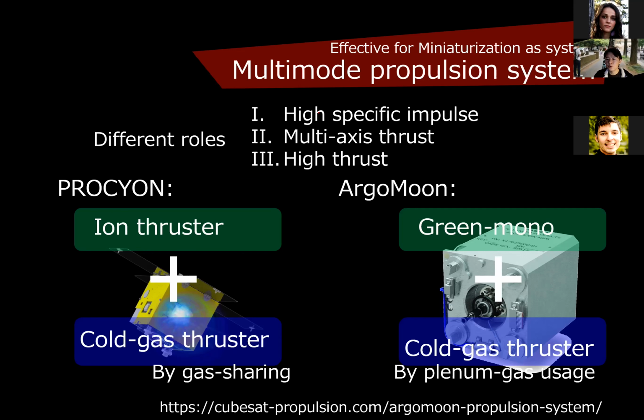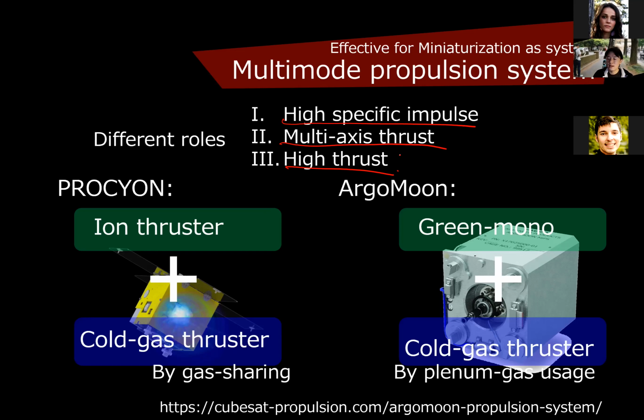Sometimes you need a high specific impulse, sometimes you need multi-axis thrust, like an RCS thruster, while sometimes you need high thrust. To satisfy these requirements, if you installed 3 types of propulsion system, the total volume or mass becomes very big, and it will not be suitable for small satellites.